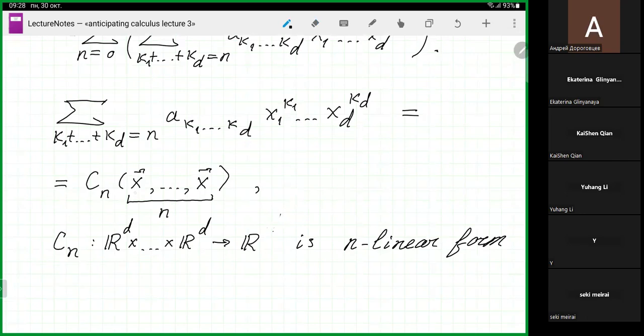And since we put here x at every place, then we say that it is symmetric.